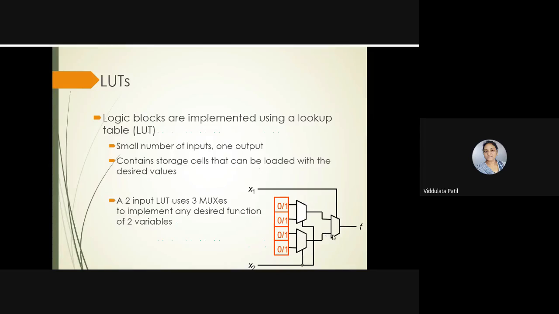Then the output of these multiplexers will be given to the third multiplexer, and which input will be present at the output of this multiplexer will be decided by this x1 select input.